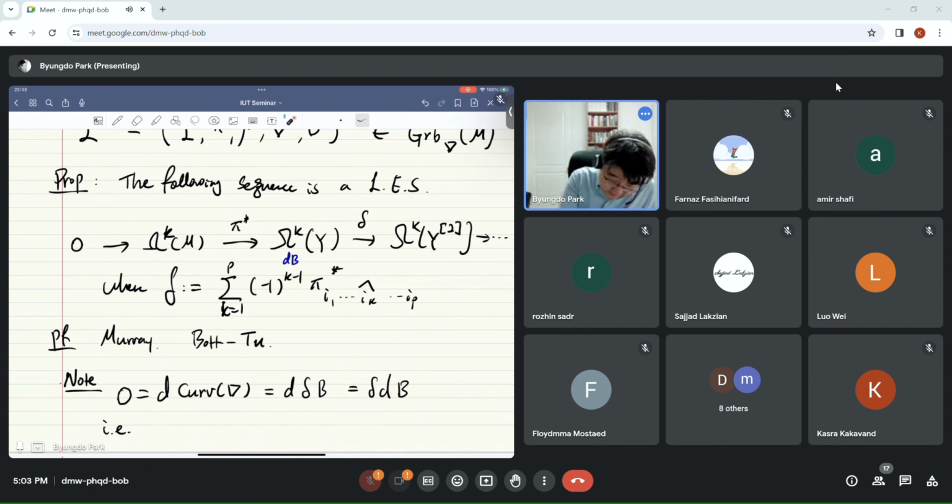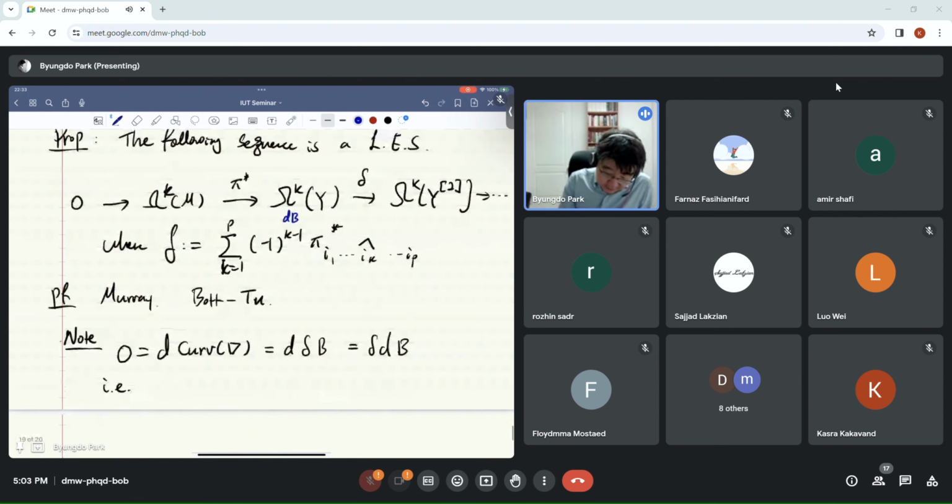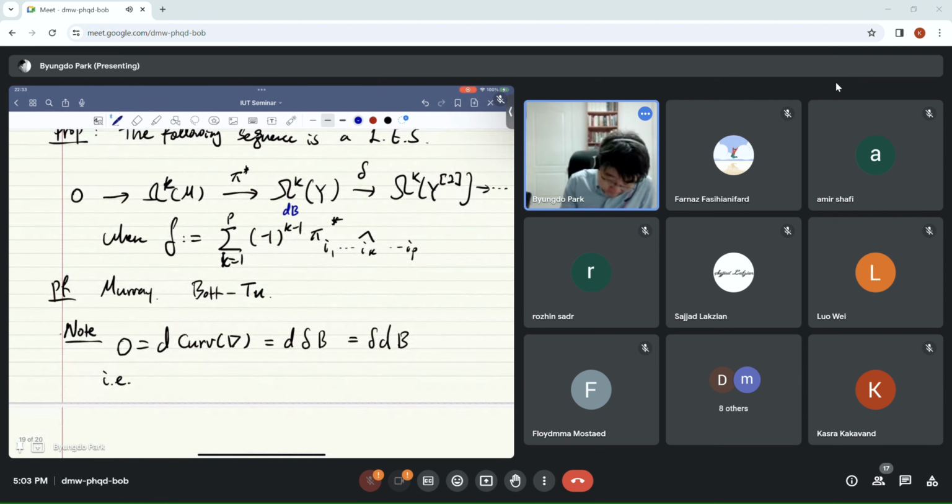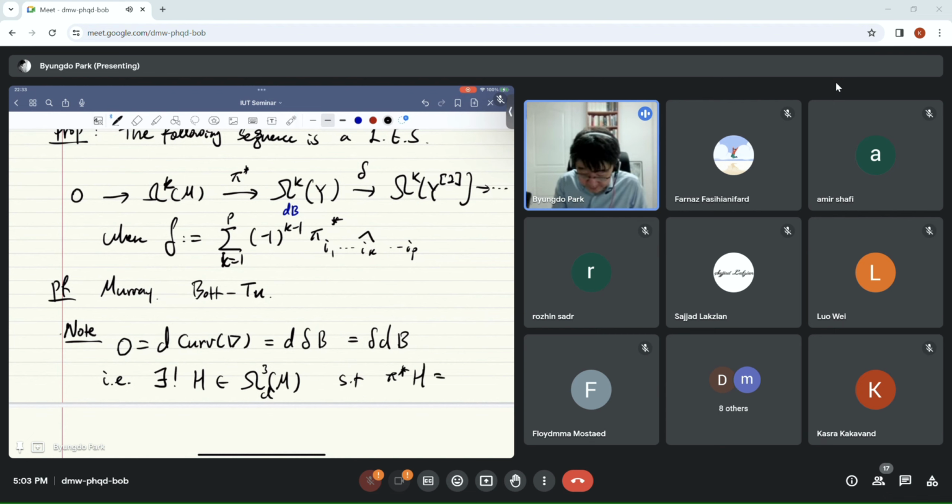So then, because this is a long exact sequence, there exists a unique H, which is a degree 3 closed form on M, such that if you pull back with the surjective submersion, it is the same as dB.